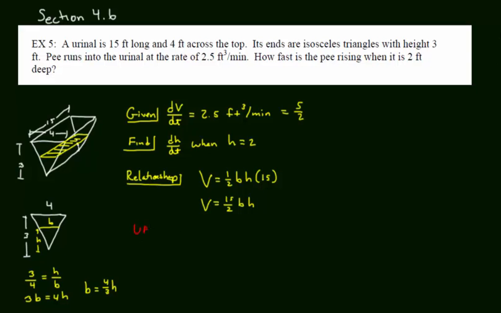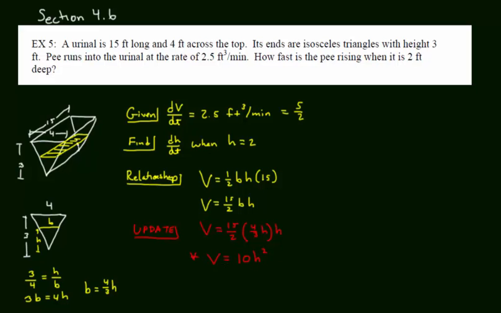So we come over and we're ready to update. So our volume is equal to 15 halves the base, which is 4/3 h, times the height, which is h, and I'm going to star this because I want to simplify. Well, the 15 and the 3, that goes to 5, the 4 over 2 goes to 2, so that's going to be 10h squared.